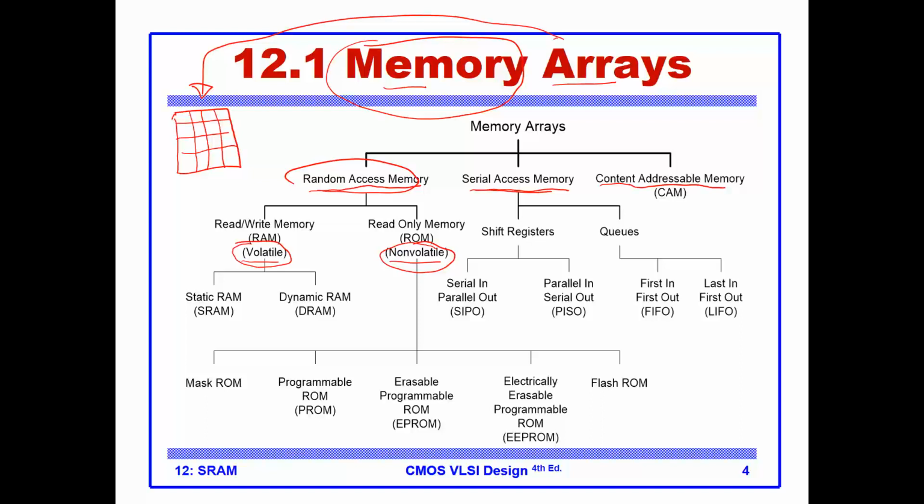So the volatile memory can be of two types: the static and dynamic. The difference between static and dynamic is the following. Static implements a feedback inverter in itself. It does not need a refreshment, versus the dynamic, where it implements the storage, not using a feedback, rather a simple capacitance.